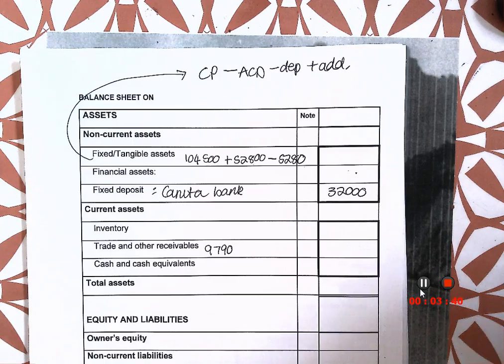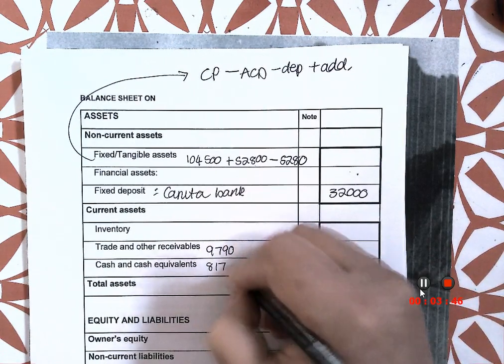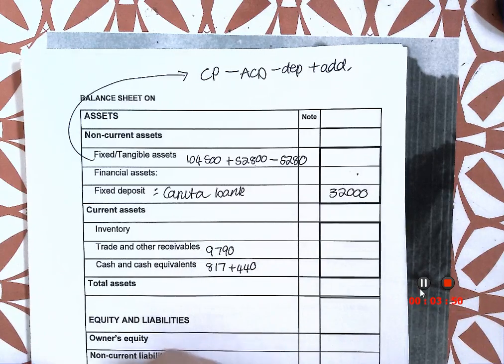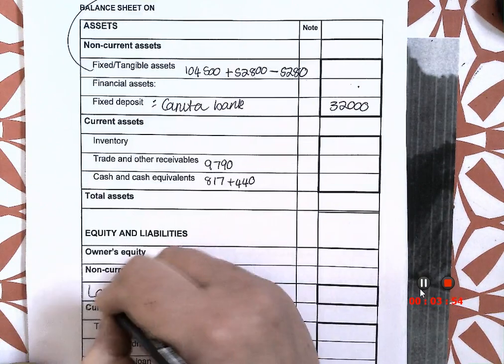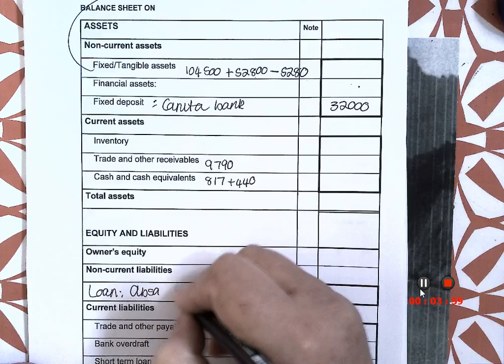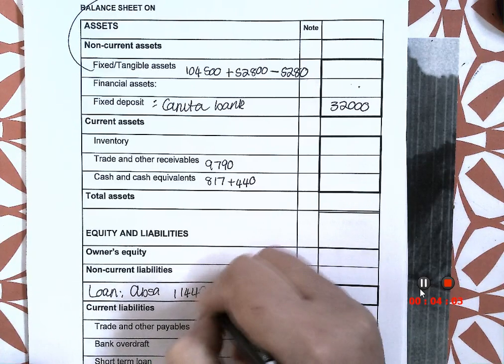Okay. Now, bank is 817. Cash float. Then there's a loan from Absa, oh no, sorry, that's 25.